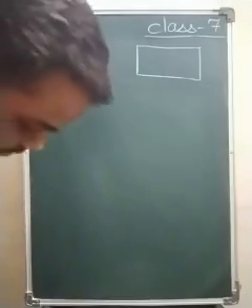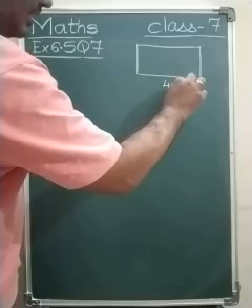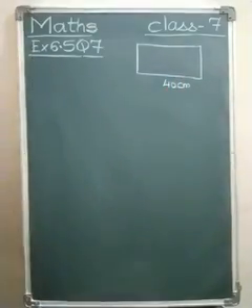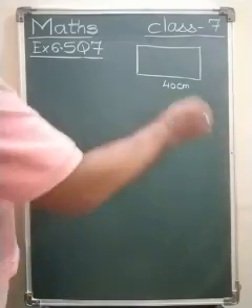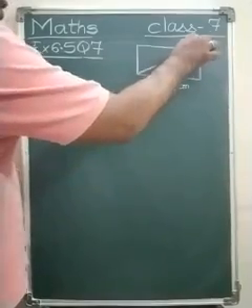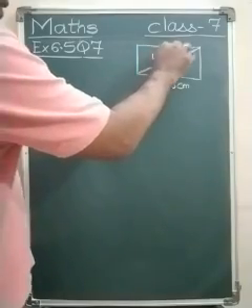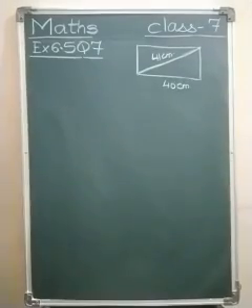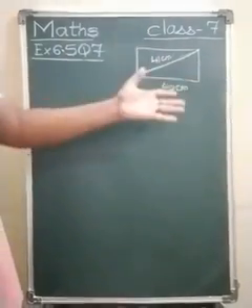The length of the rectangle is 40 centimeters. And one of the diagonals, the line joining the opposite vertices, is 41 centimeters. And we have to find out the perimeter.